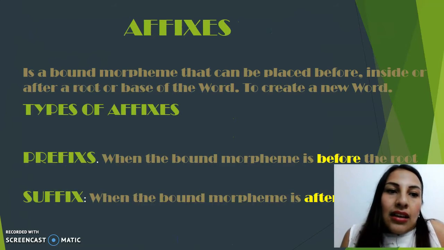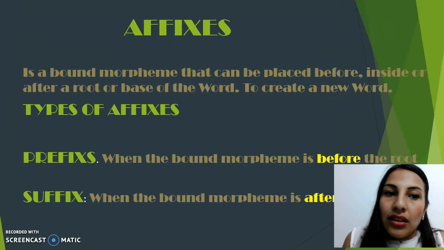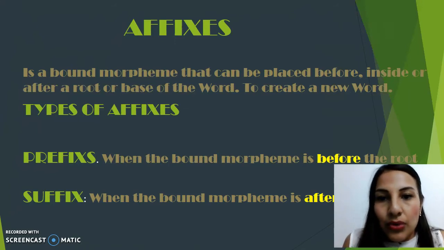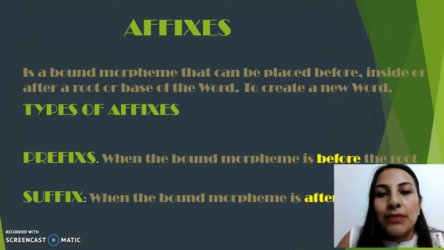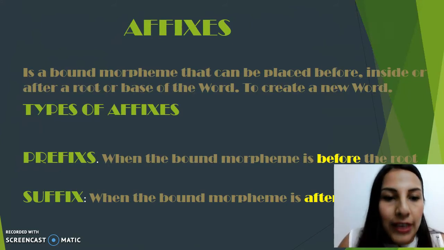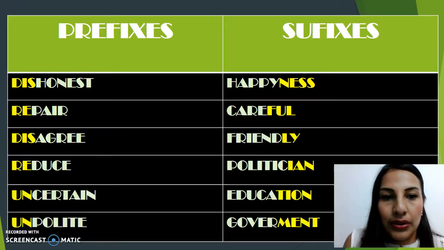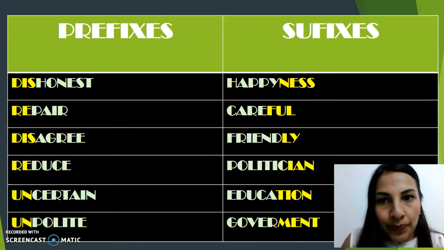Now affixes. An affix is a bound morpheme that can be placed before, inside, or after a root or base of the word to create a new word. We have two types of affixes: prefixes, when the bound morpheme is before the root, and suffixes, when the bound morpheme is after the root. Here we have some examples of prefixes and suffixes.